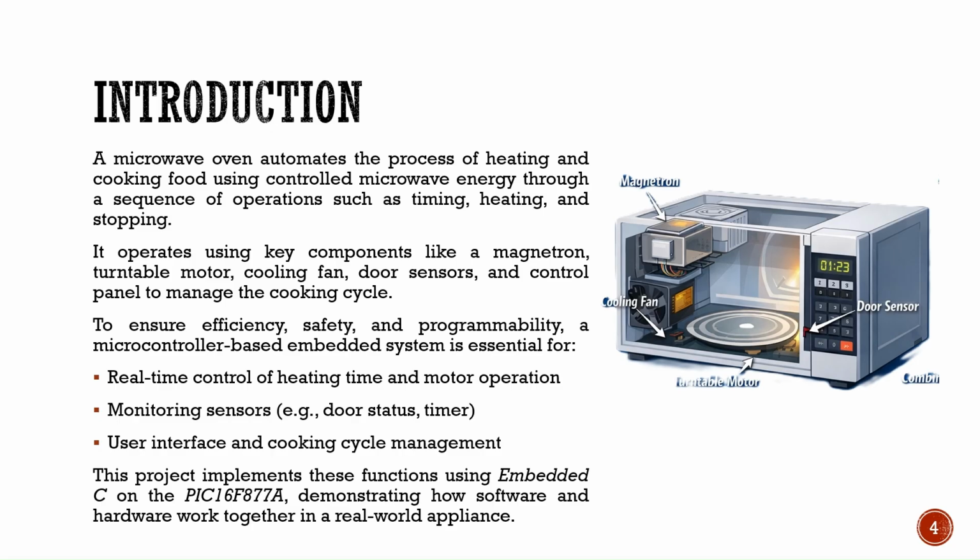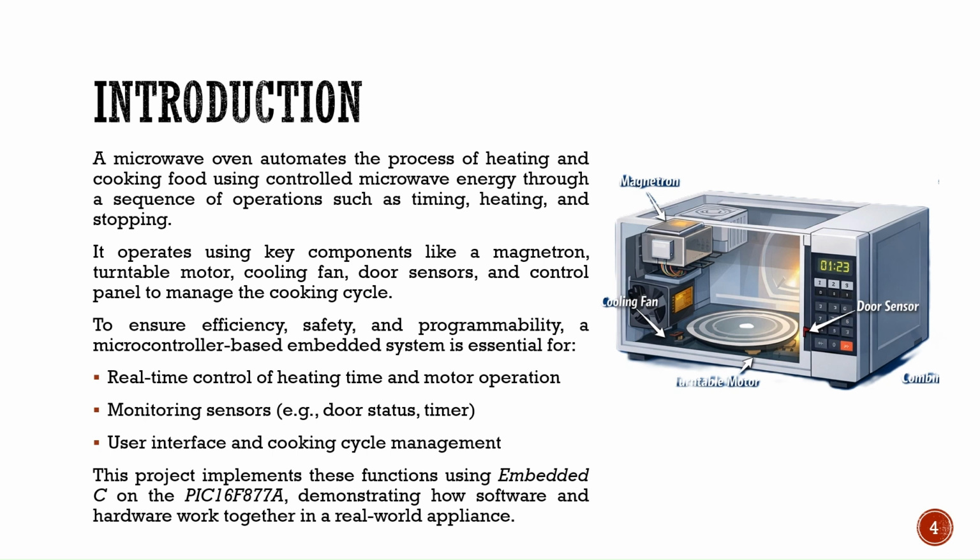A microwave oven automates the process of heating and cooking food using controlled microwave energy through a sequence of operations such as timing, heating, and stopping. It operates using key components like a magnetron, turntable motor, cooling fan, door sensors, and control panel to manage the cooking cycle.